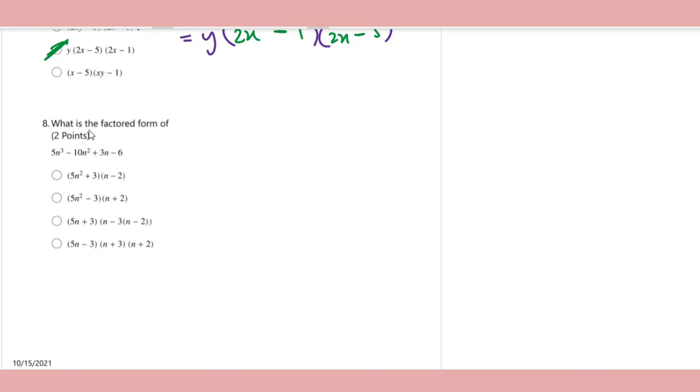Number 8, what is the factor form of this one? 5n cubed minus 10n squared plus 3n minus 6. Let this one be P(n).